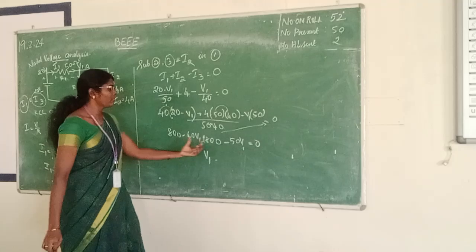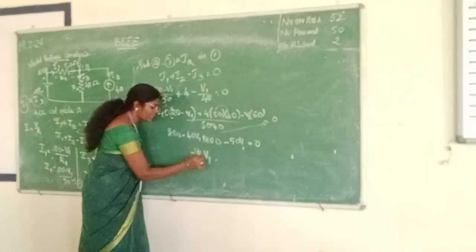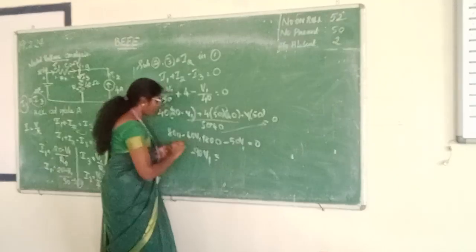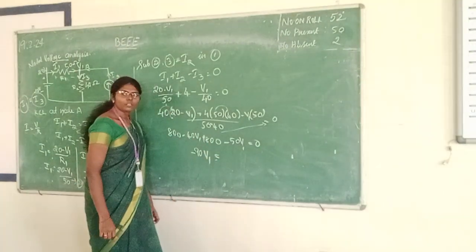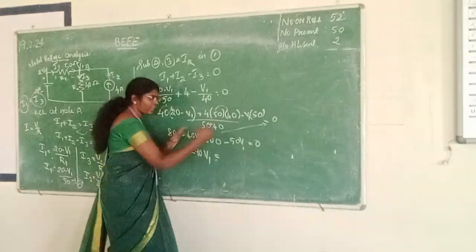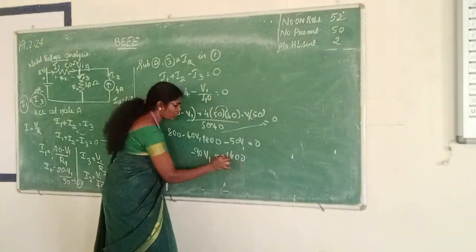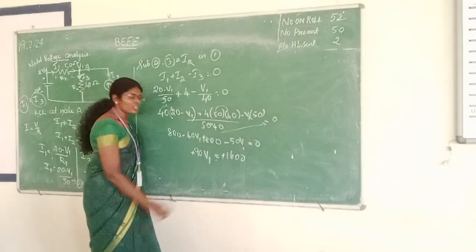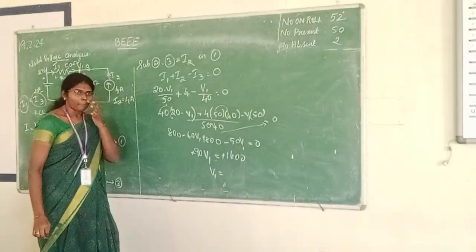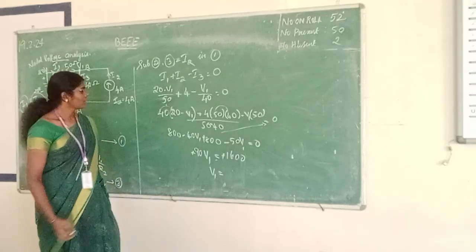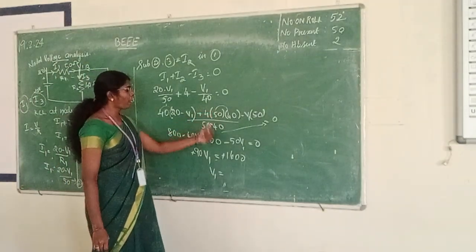That is minus 40 V1 minus 50 V1 will become minus 90 V1. That is equal to 800 plus 800 will become... If I take that to the right hand side, it will become... So shall I cancel both the minus over here? So what is the value for V1?